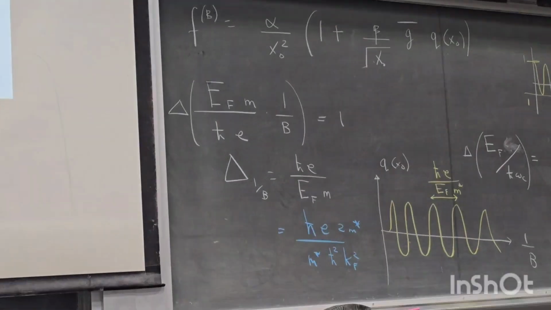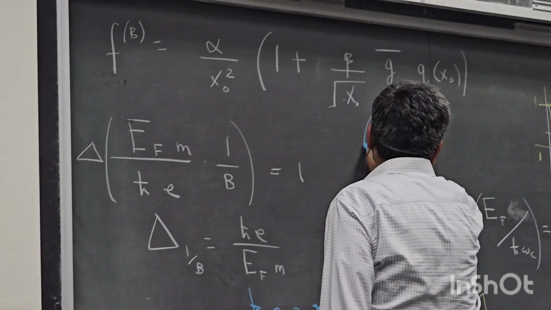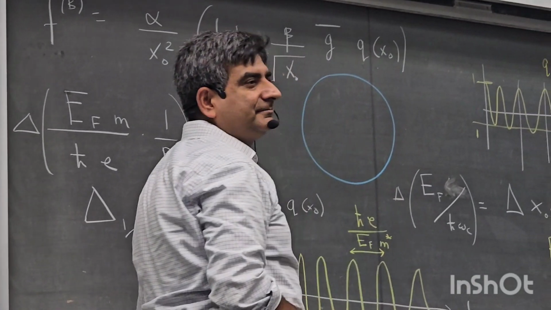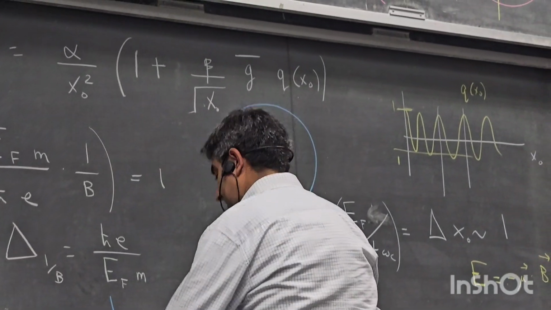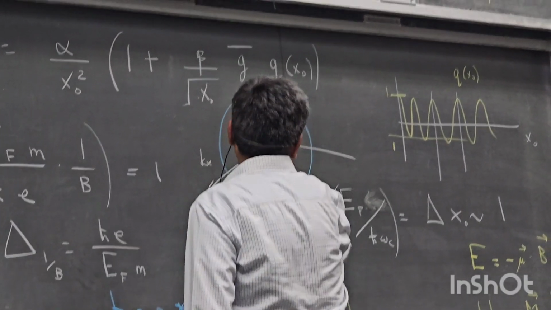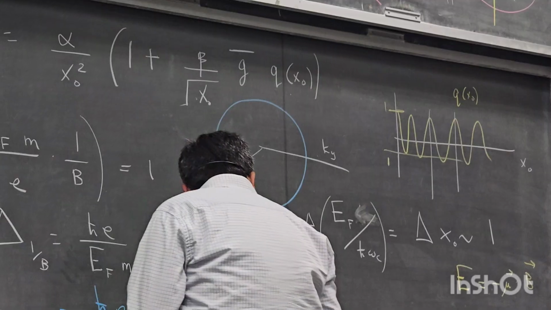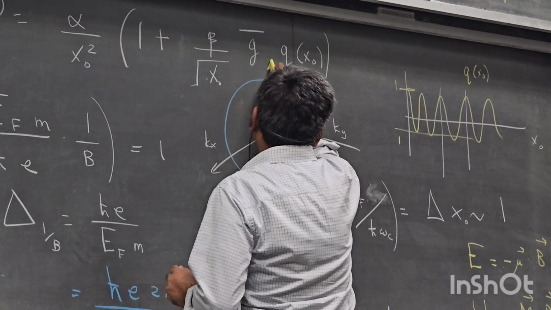So if you have a Fermi surface which is a sphere, kx, ky, you have a Fermi sphere and you impose a magnetic field along the z direction.